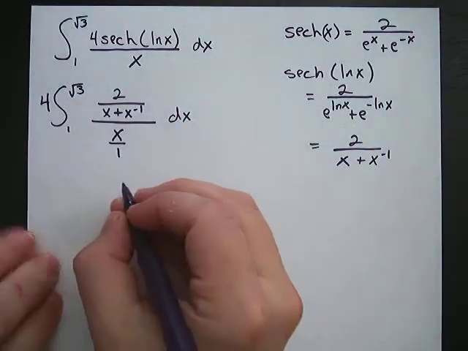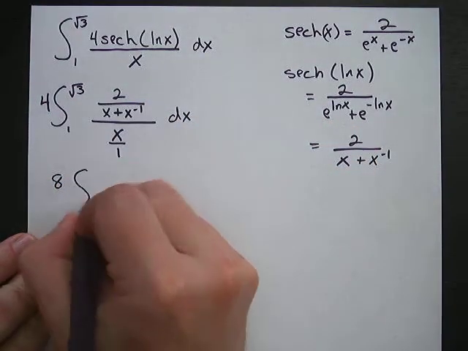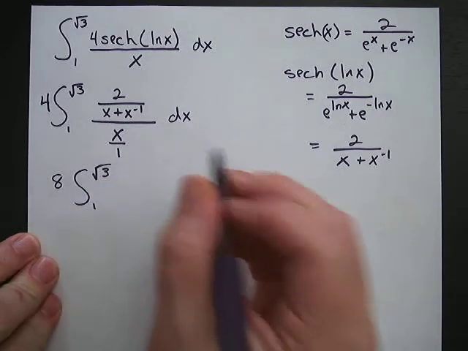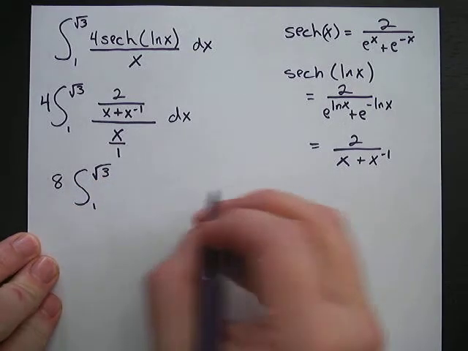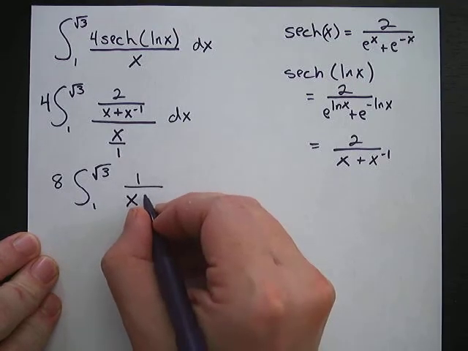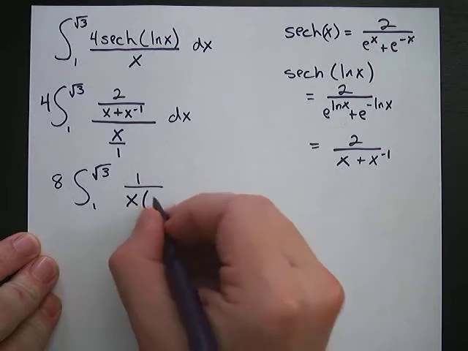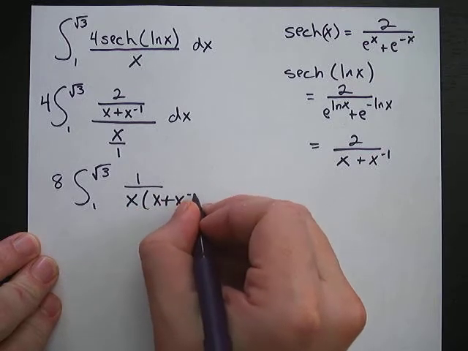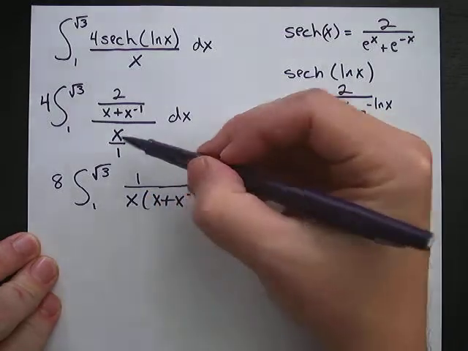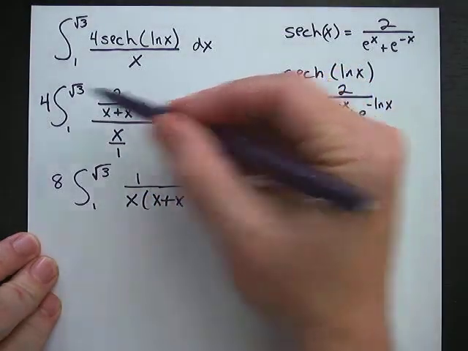Let's take the 2 out front, making that an 8 out front. So 8 times the integral from 1 to square root of 3 of 1 over x times x plus x to the -1. I just flipped this up, which means it was on the bottom, and the 2 came out.